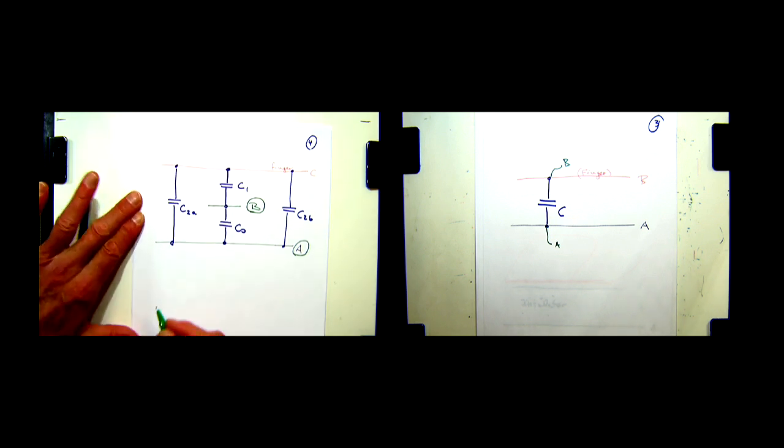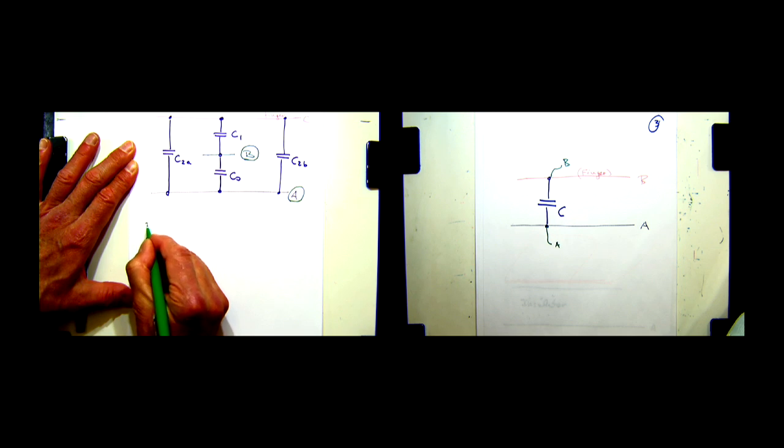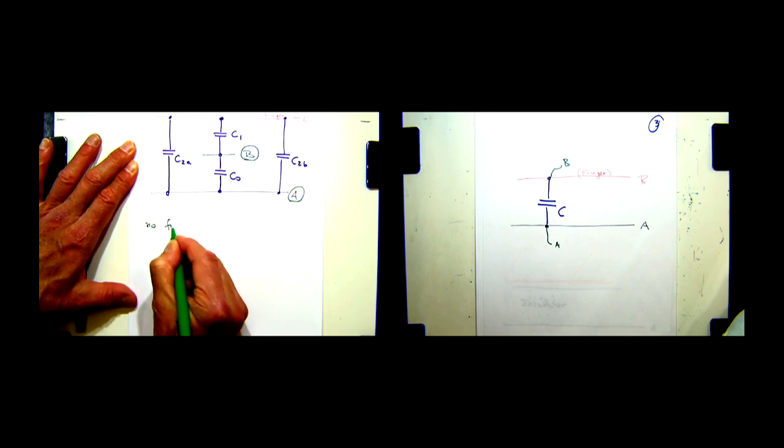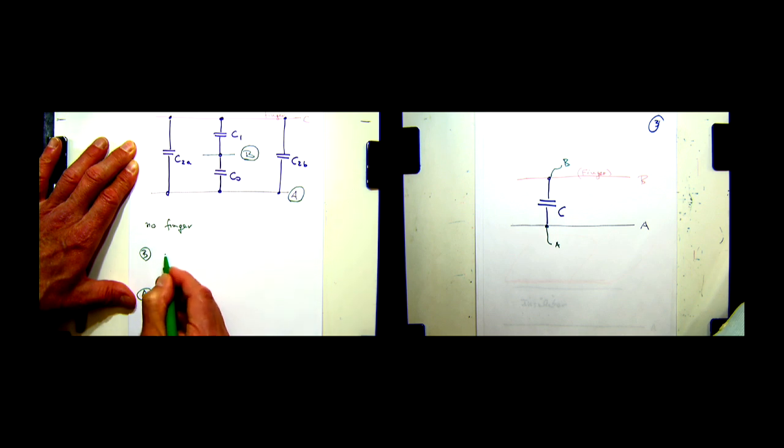So without finger, we have node B and node A, and between them a capacitor. What is the value of the capacitor?